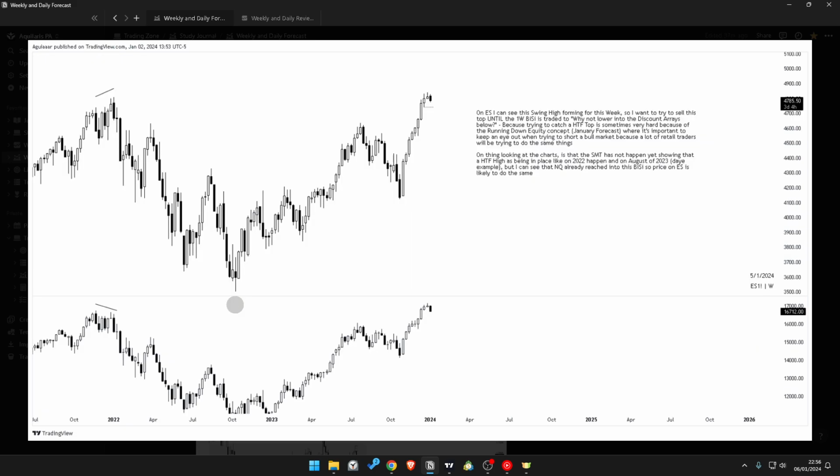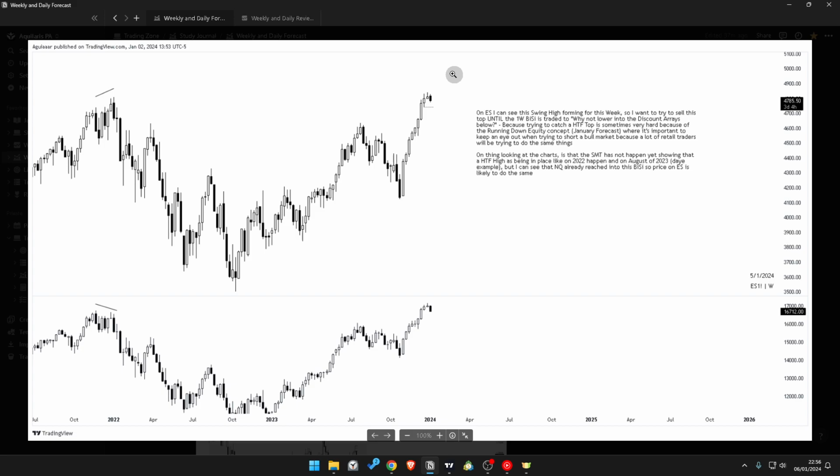On ES, I was looking for a downside movement. So I noticed that you're creating this swing high, and I believe that this swing high is not going to last. From this low to high, like a retracement displacement, I don't think that it's going to happen.